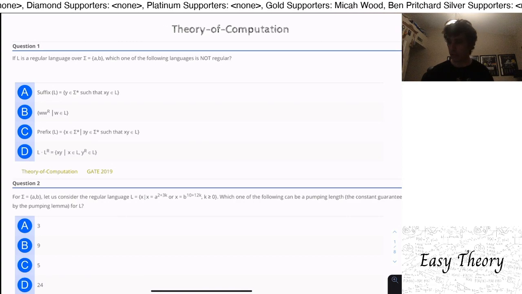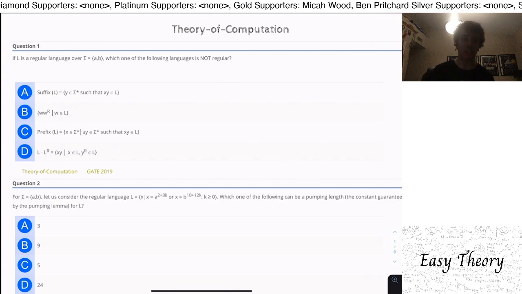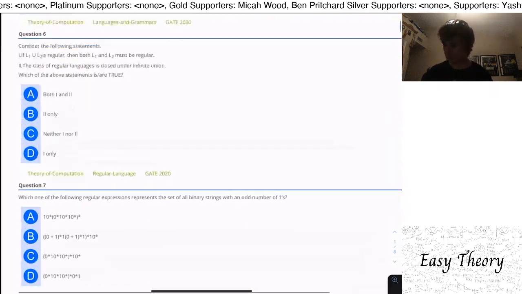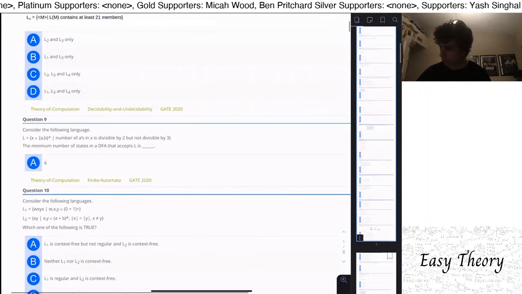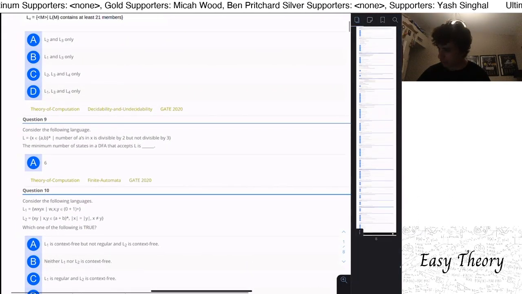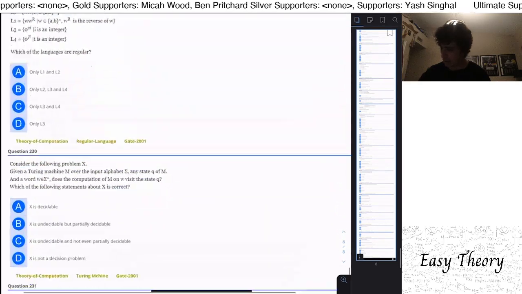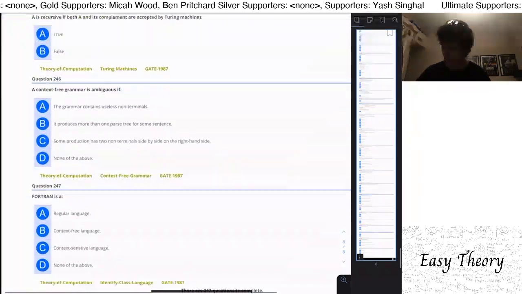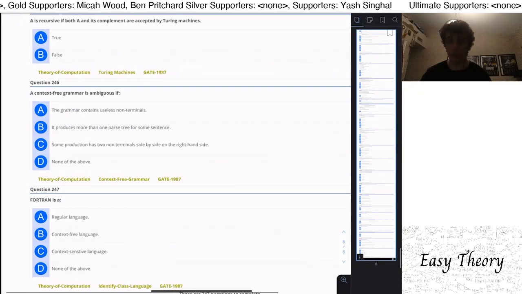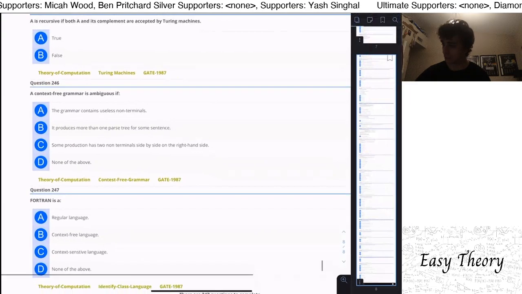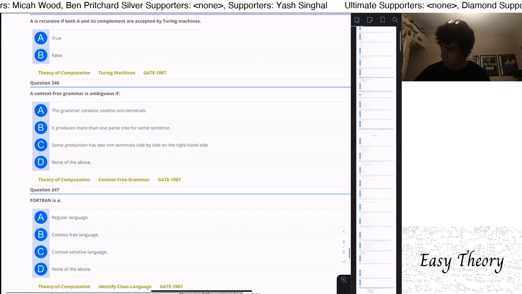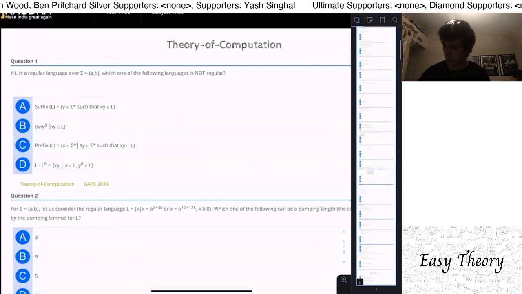So let's actually get started. What I'm going to be doing here is solving every single GATE theory exam question. If we go through all of them all the way until the very end, there are quite a few exam questions, 247 of them. So without further ado, let's get started.